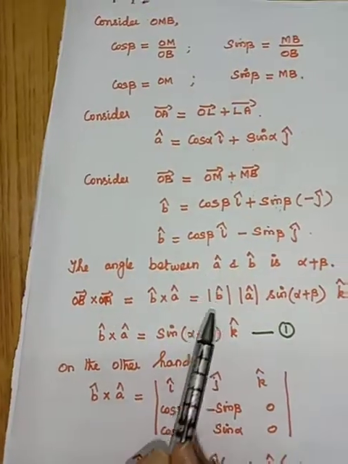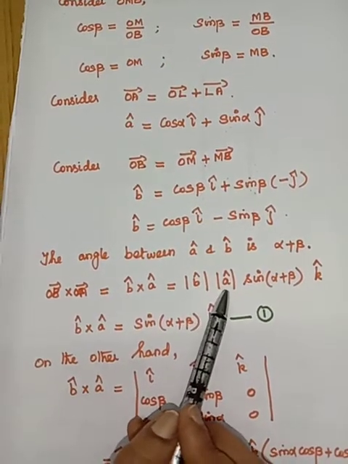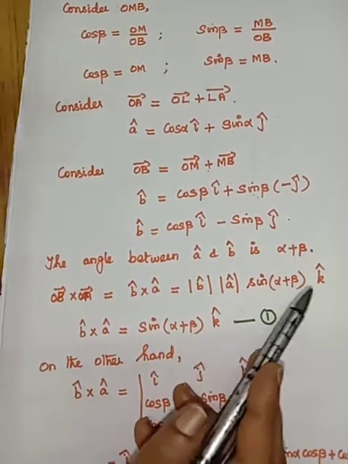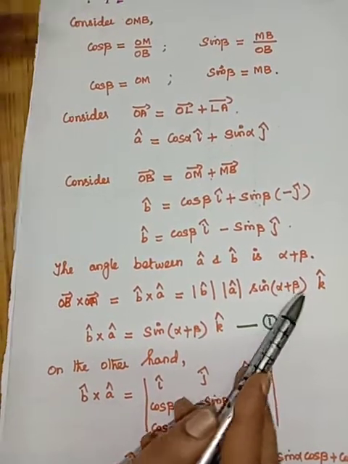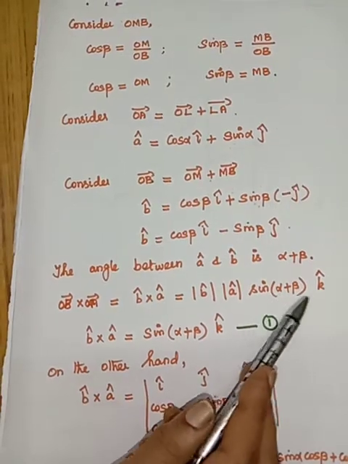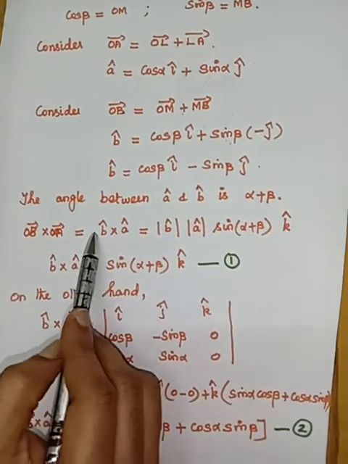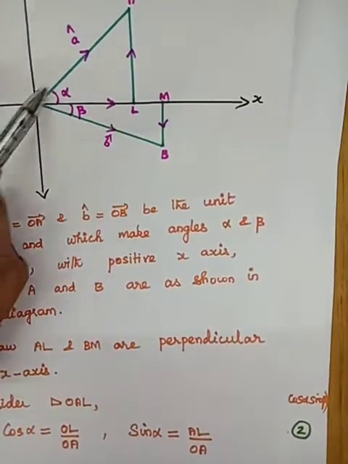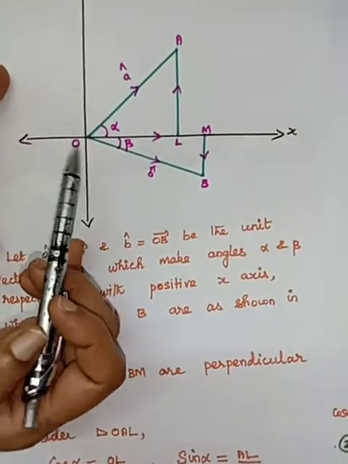So come to here, it is modulus of B cap, modulus of A cap, sine. What is the angle between them? Alpha plus beta. So sine of alpha plus beta, and you have to write the unit vector which is perpendicular to B cap and A cap. So which vector is perpendicular to this now?